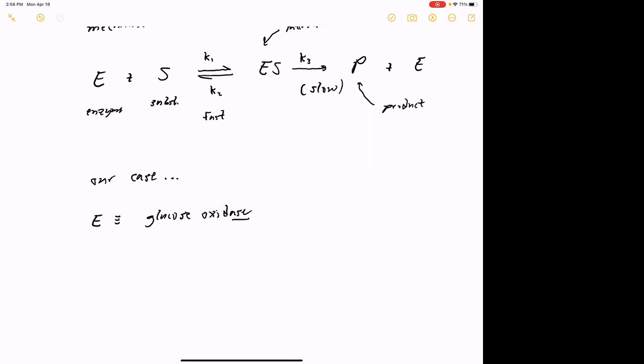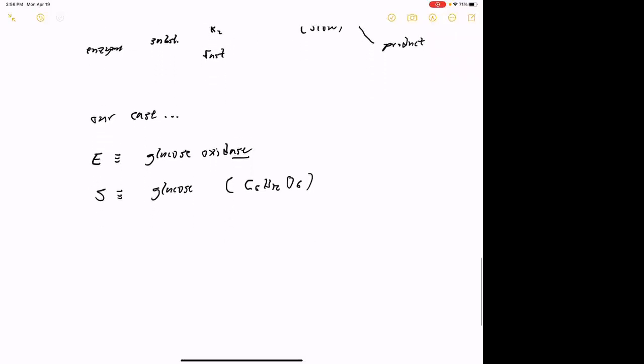So if I see glucose oxidase, I know that's an enzyme that does something to glucose. Likewise, my substrate here is going to be glucose, and we define glucose as C6H12O6, right? I think that's what its formula was.